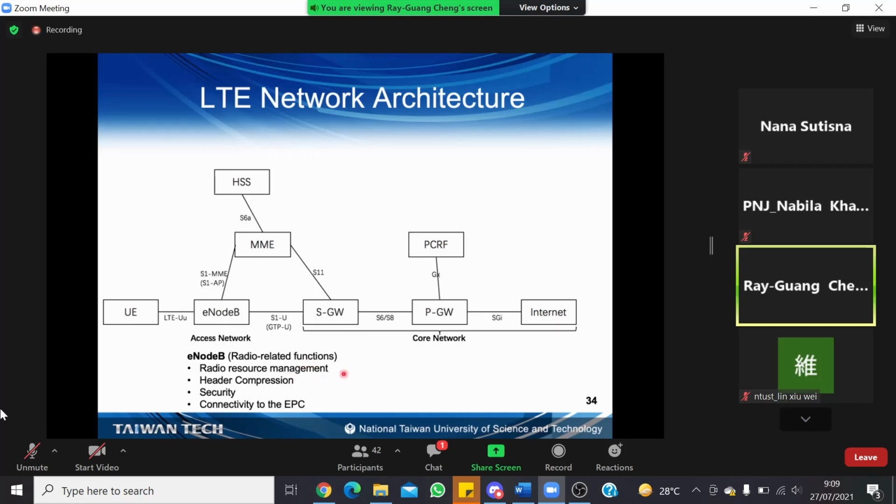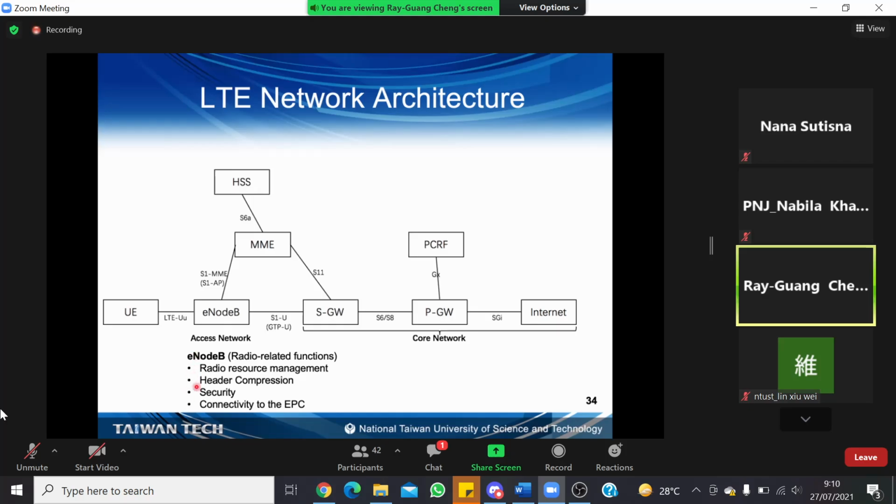They are responsible for radio resource management, header compression between the user, because the IP packet is redundant during this part, so they will do some header compression. They also deal with security issues.